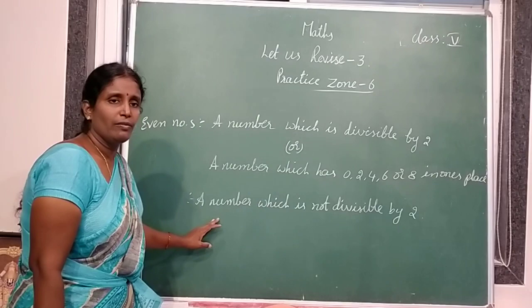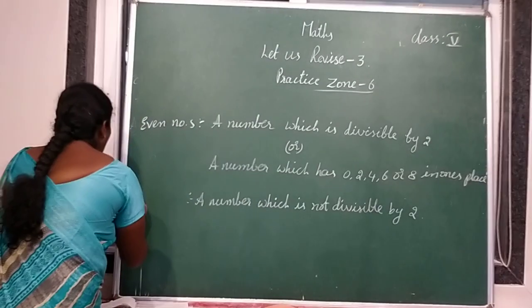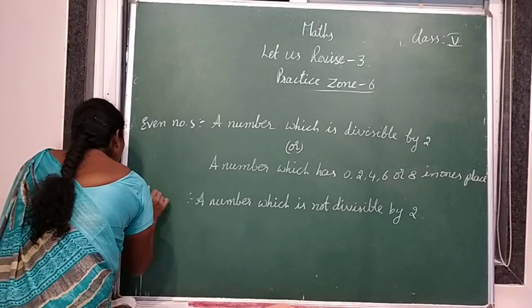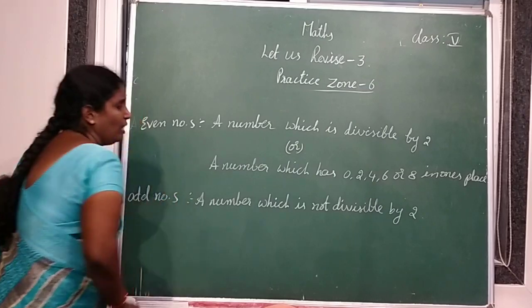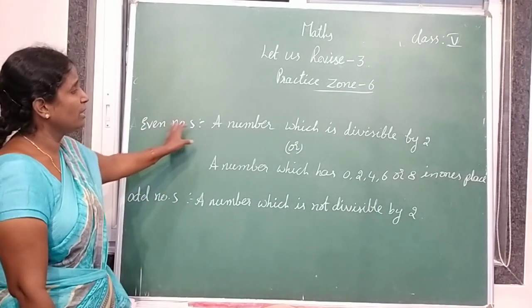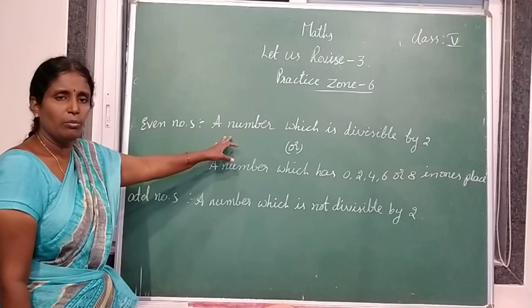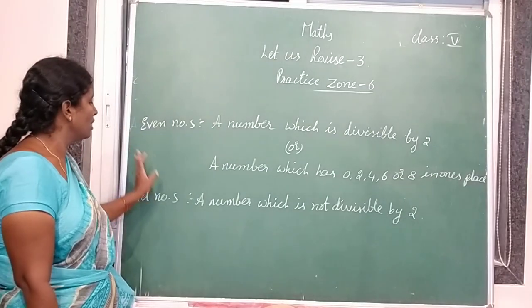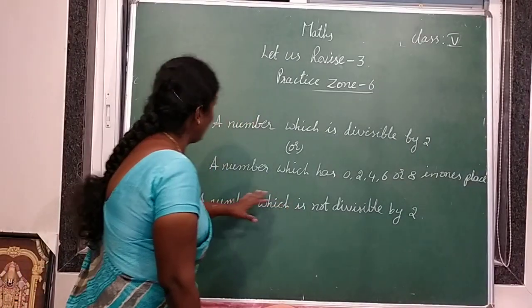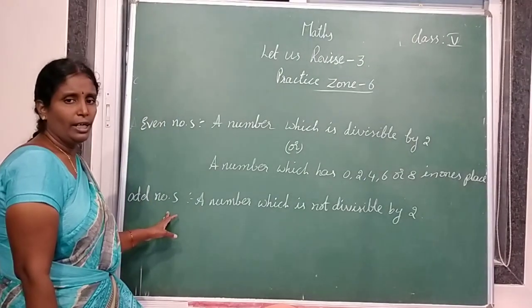Which is not divisible by 2, those numbers are called odd numbers. Even is nothing but numbers divisible by 2, those are called even numbers. Which is not divisible by 2, those numbers are called odd numbers.